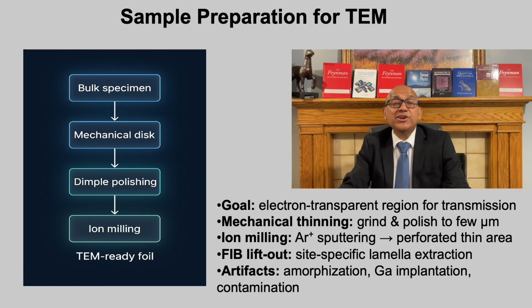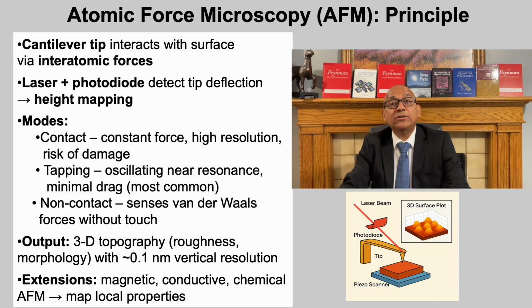Ultimately, sample preparation is as critical as imaging itself. A poor sample can easily mimic non-existent defects. Always interpret TEM images with awareness of possible artifacts and, where possible, corroborate findings with complementary SEM cross-sections or AFM topography.